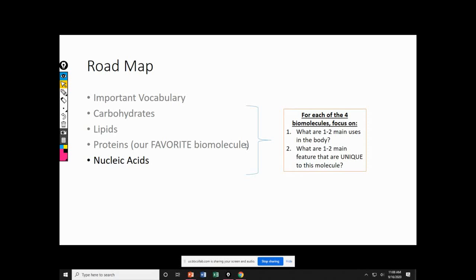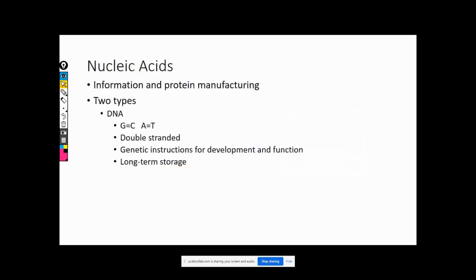That being said, we're still going to want to do the same thing that we've done for all of our other biomolecules and really focus on what is the point of a nucleic acid, and how can I tell a nucleic acid apart from all of the other biomolecules.